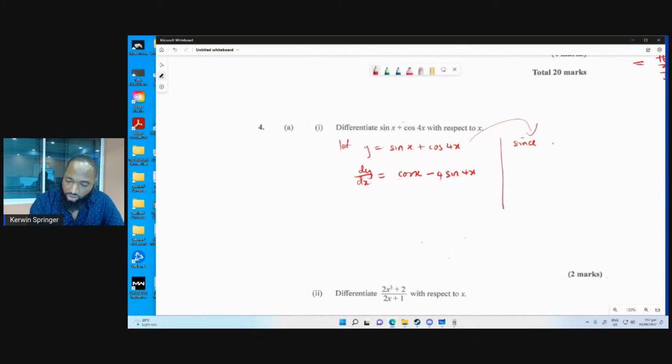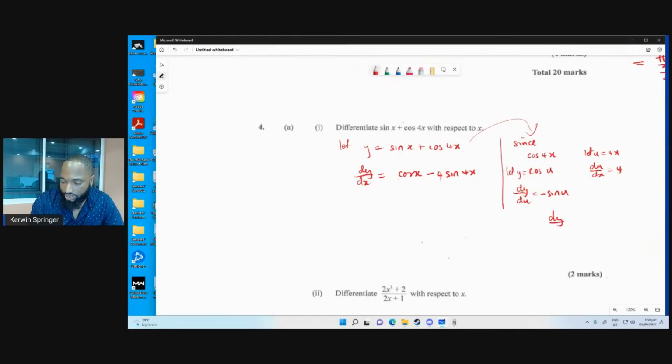So cos 4x can be represented as follows: we can let u be equal to 4x and say du dx is equal to 4, and therefore this is cos of u. Let y be equal to this, so dy du is equal to negative sine u.